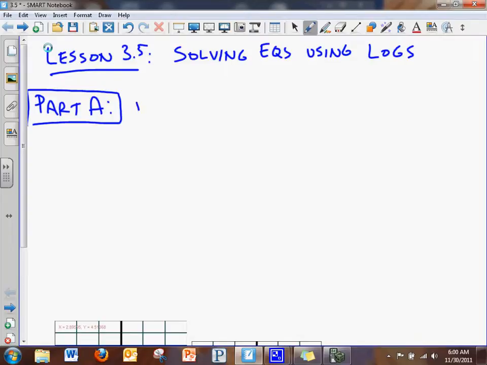I'm going to first start talking about the domain of logarithms, just because we should. It's going to have minimal effect on how we solve equations, but just something that we have to be aware of. We talked about the domain of square roots, of rational functions, and now we're going to talk about the domain of the logarithm.